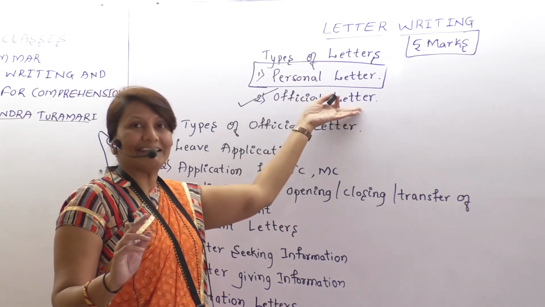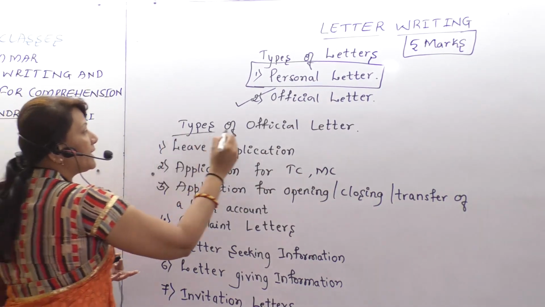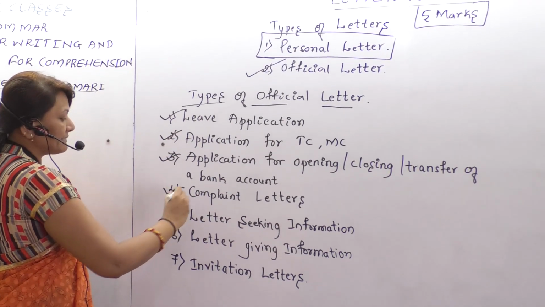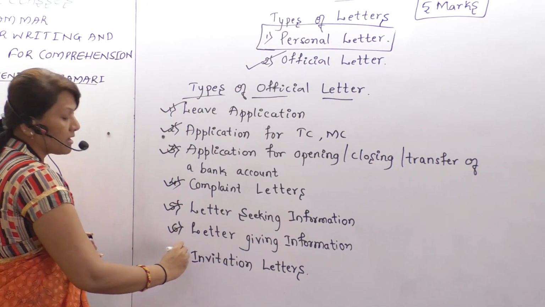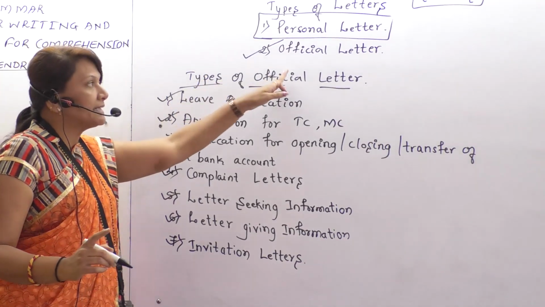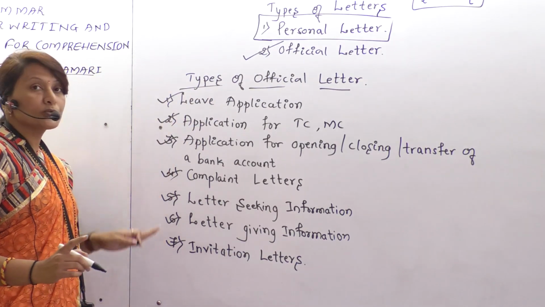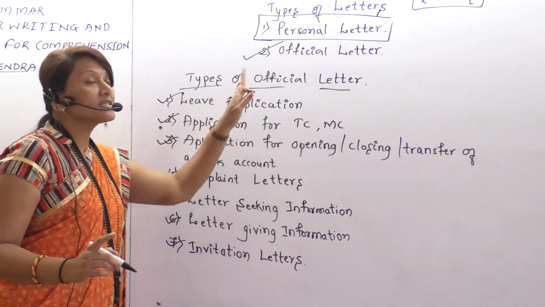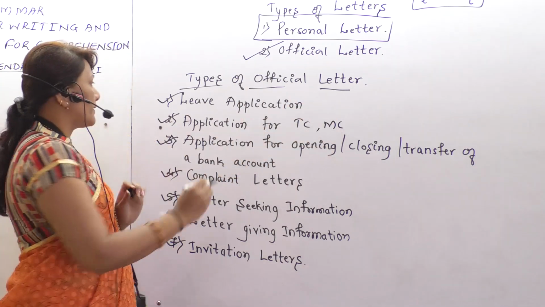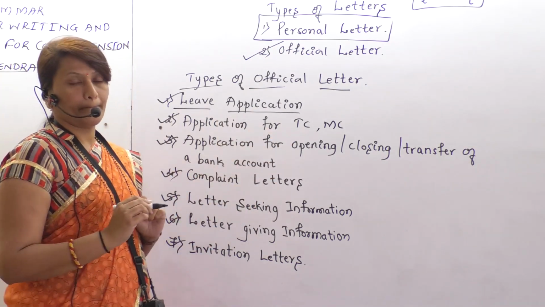And in official letter, again we have how many types? The types of official letter are 7. In official letter, again we have 7 types of official letters. And they are, the first one is leave application.